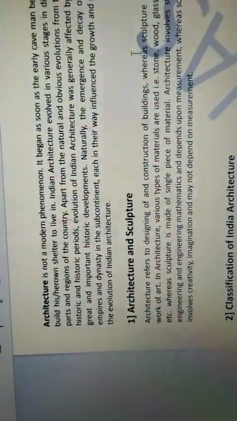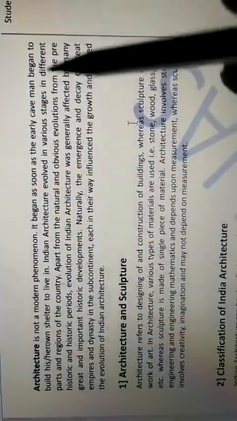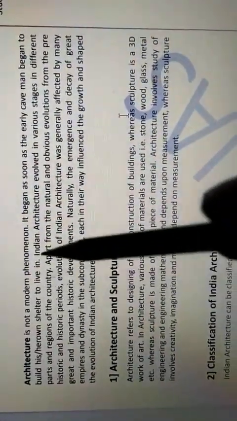If you look at the Vision IAS notes, there is also the same thing. Architecture is not a modern phenomenon; it begins as soon as early man began to build his shelter to live in. So if you can't afford it, look at this classification in Indian architecture: ancient, medieval, modern. Harappan, Mauryan, Delhi Sultanate, as you can see.